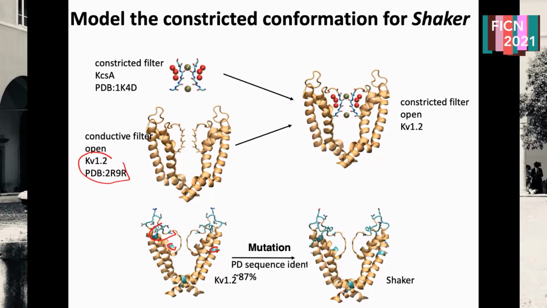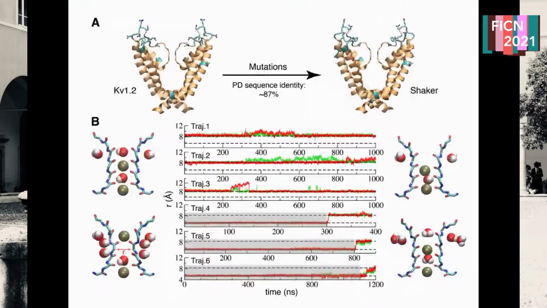It is almost identical. 87% of the pore domain is identical. So whatever you can learn from Kv1.2, you should learn about Shaker. However, at the electrophysiological level, Kv1.2 is known to inactivate considerably less than Shaker. So we decided to make a model of Shaker to capture this inactivated state.